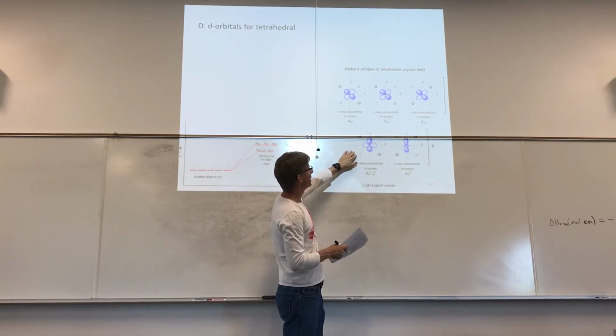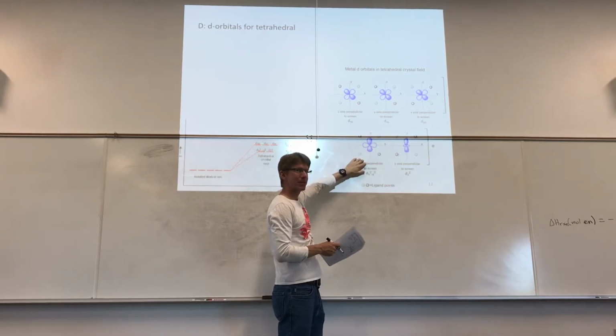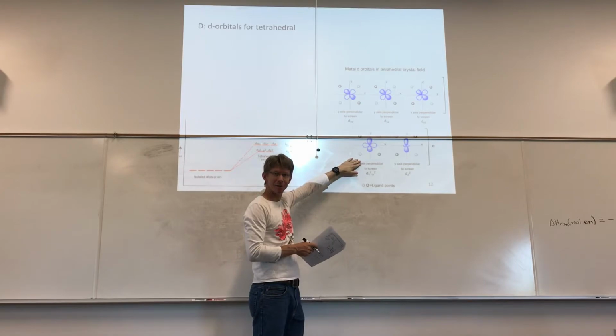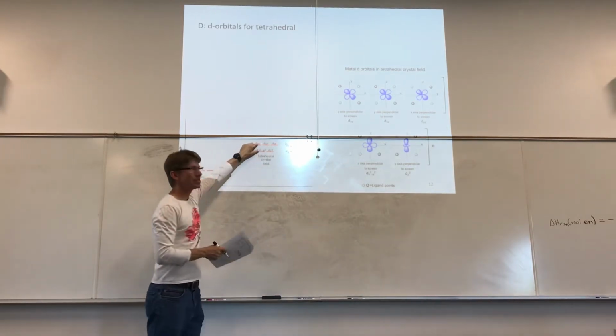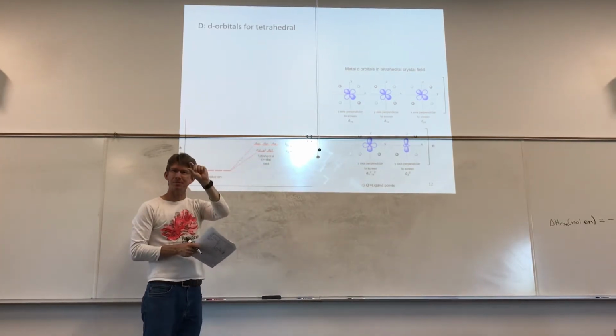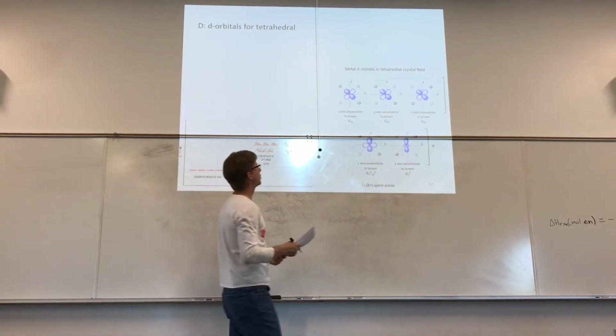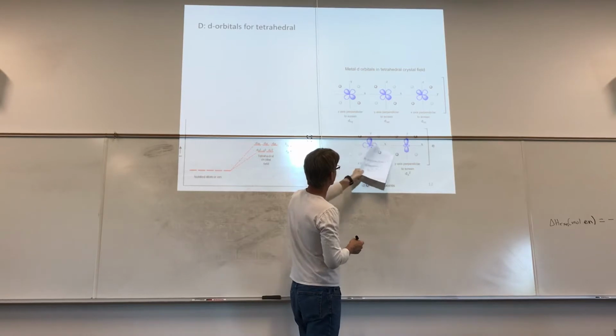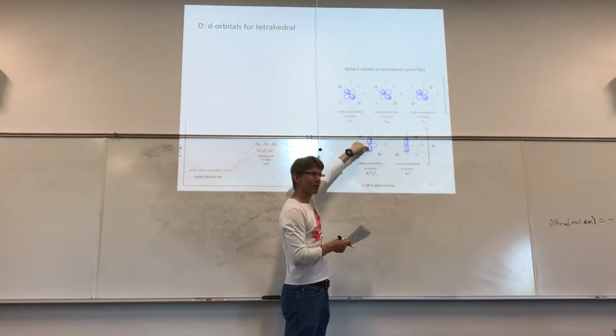You can see that in general, the ligands for both of these are farther, and that's why in general, the splitting is smaller. But for these 3, they're closer, and for these 2, they are a bit farther away.